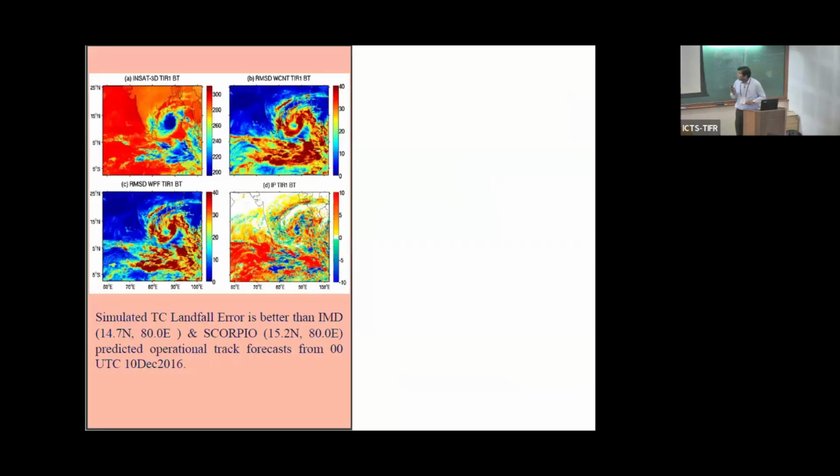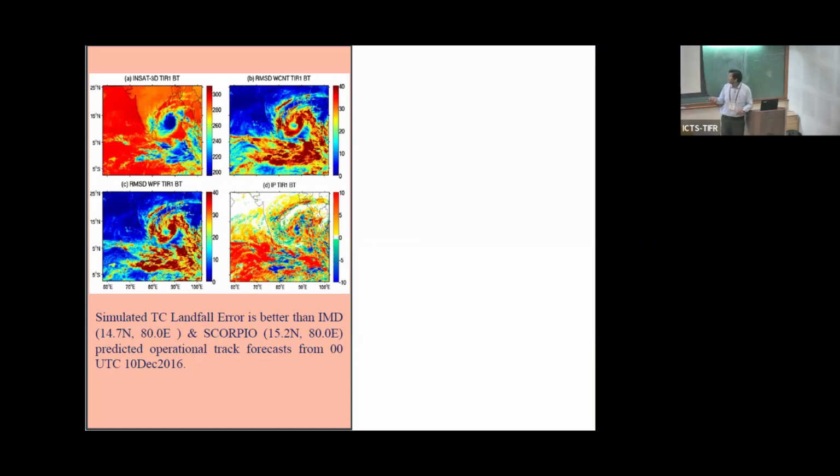Now I have a few results for that. This is my observed TIR1 BT. Here you can see my joint RMS over all the ensembles. Then this is the particle filter experiment, and this is a kind of improvement parameter.